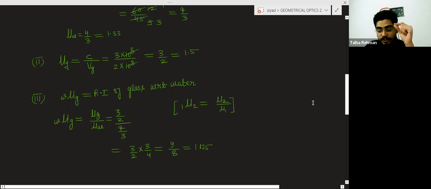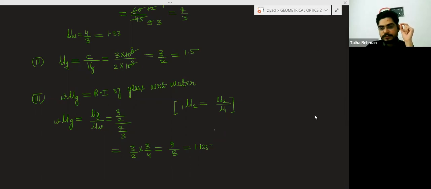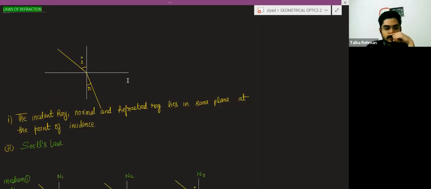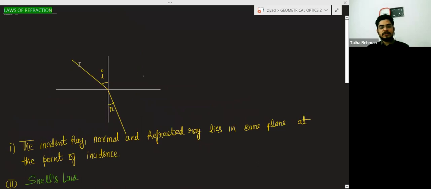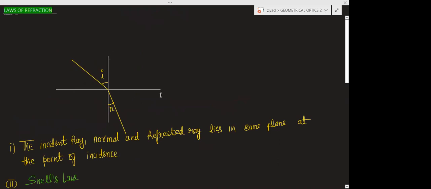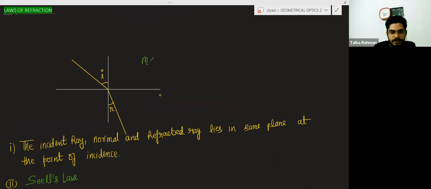Now we will discuss the laws of refraction. Suppose the refraction is taking place here. This is the interface, and this is medium 1, and this is medium 2.